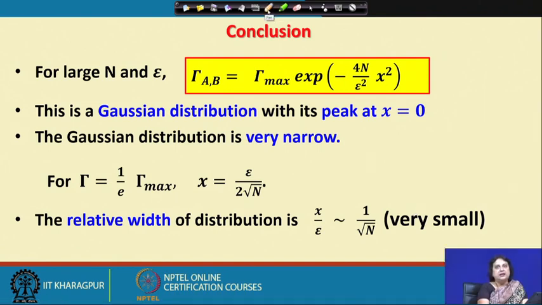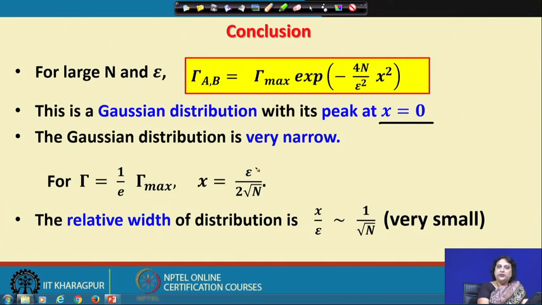We first see that for very large n and gamma, the distribution function gamma a b, or equivalently gamma a b by gamma total, is a Gaussian distribution with its peak present at x equal to 0. Now, this Gaussian distribution is very narrow, because as you see, when the number of microstates reduces to 1 by e of the maximum value, x is this quantity.